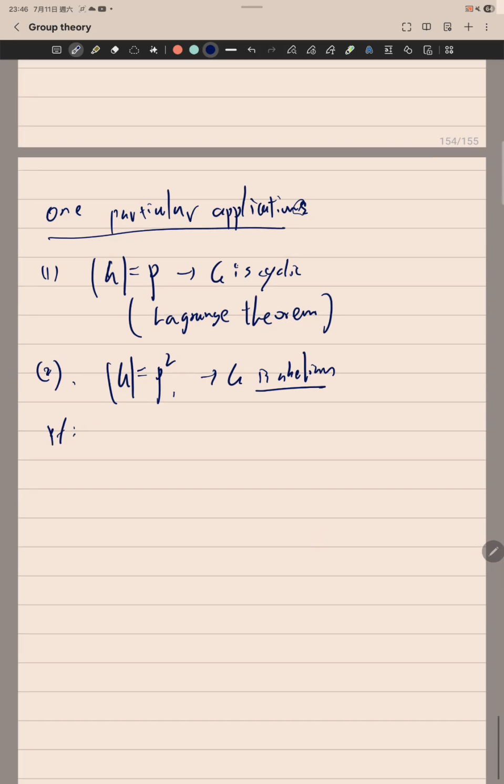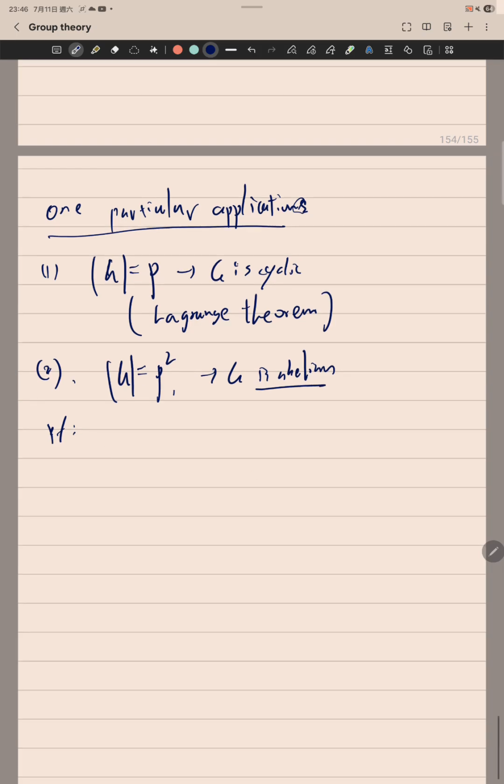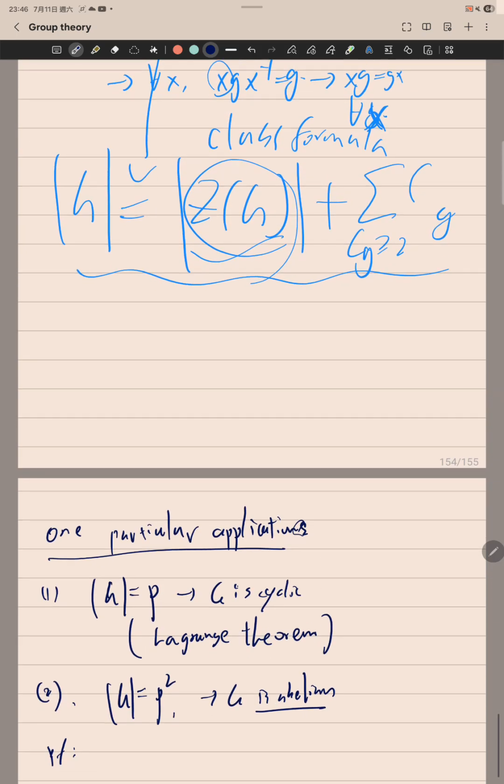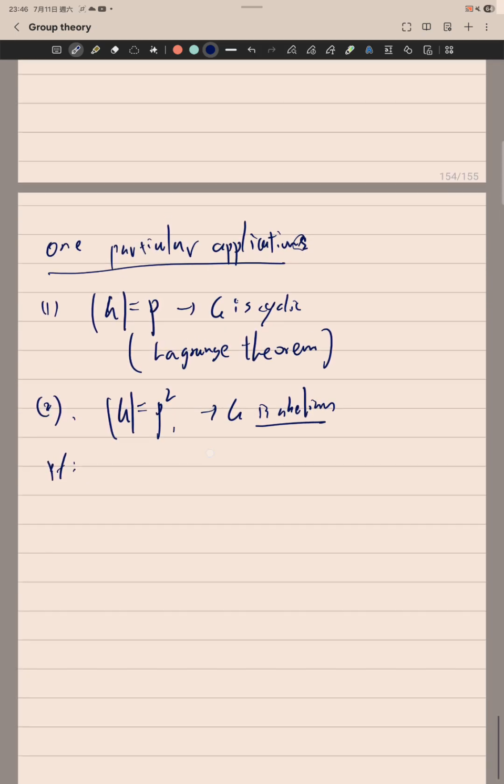So if I write p squared equals |Z(G)| plus the summation over classes with |C_G| greater than or equal to 2, but this is |G| divided by something, divided by the |G_s|.